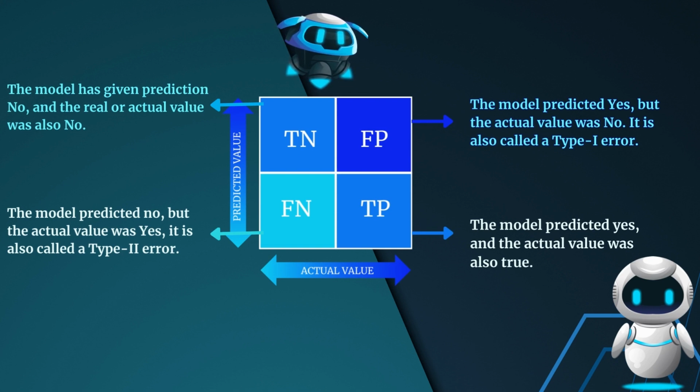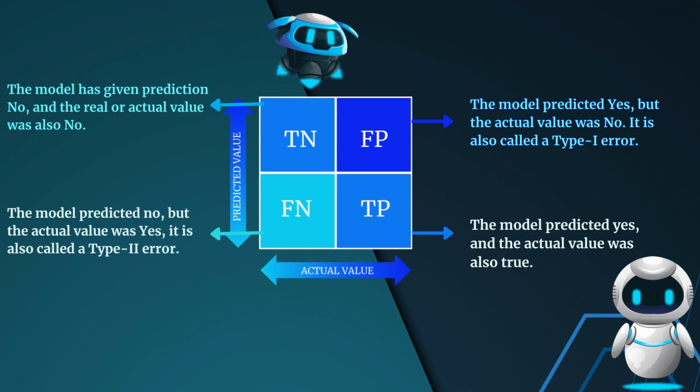In TN and TP the output is true, which means the predicted value and the actual value are the same. The model is performing correctly. Correct prediction is shown in true negative and true positive.